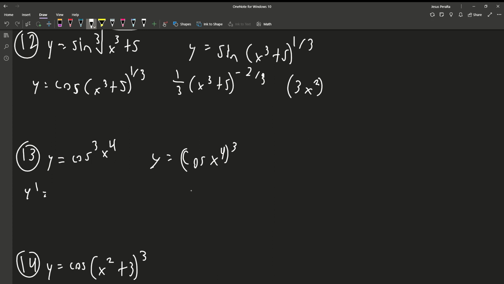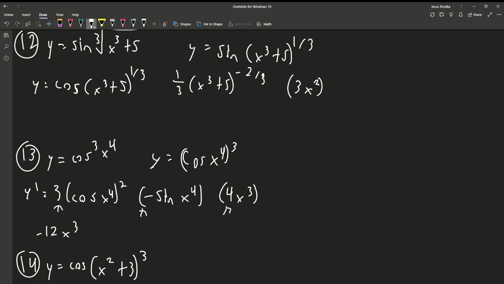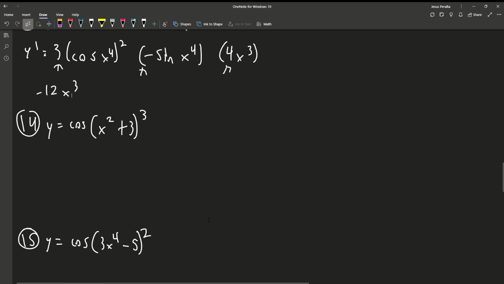So we just do chain rule first, then subtract 1 from the top, and then you find the derivative of the inside, which will be negative sine of x to the power 4. Then the derivative of x to the power 4 is 4x cubed. And then you could multiply the 3, the negative, and the 4x cubed together in the front. That's all you've got to do.